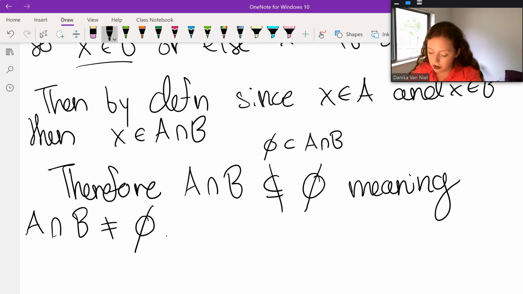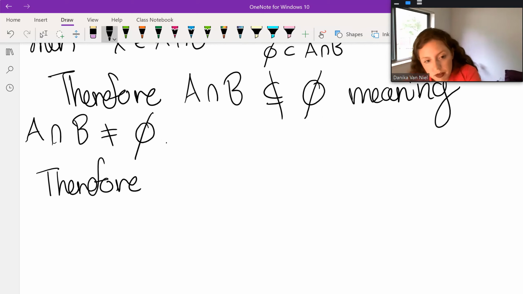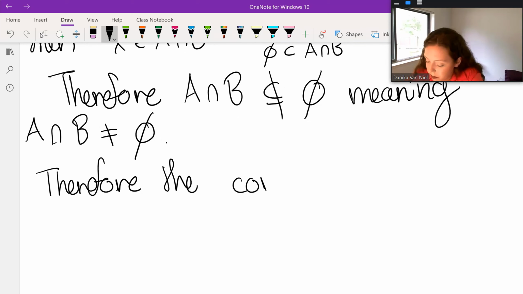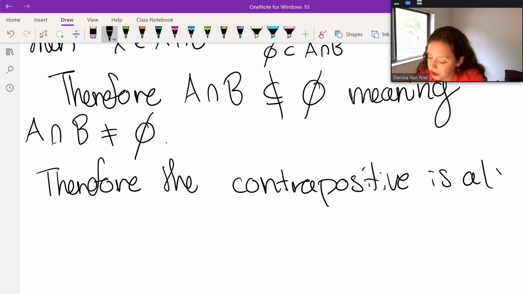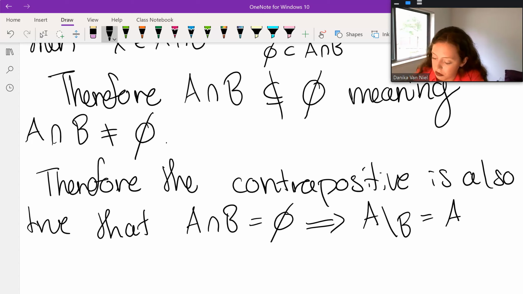Okay, so now the conclusion, we want to talk about how we use the contrapositive. Wow, if I had a nickel every time I said therefore. Therefore, the contrapositive is also true, that A intersect B equaling the empty set implies that A minus B equals A. Okay?